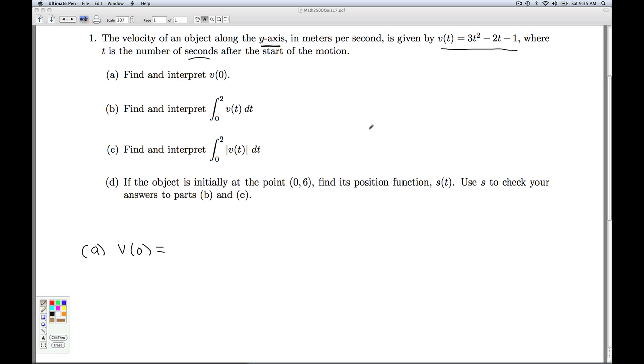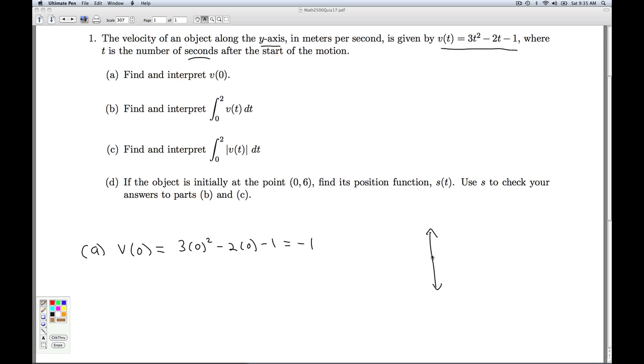So, to find v of 0, everywhere I see a t here, I replace it with 0. That gives me -1. What's that mean in this instance? Well, as we discussed in class, if we're moving along the y-axis, I'm starting at some point along the y-axis, so I'm moving vertically up and down.